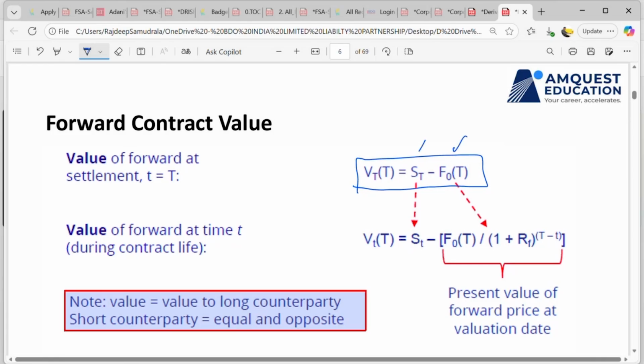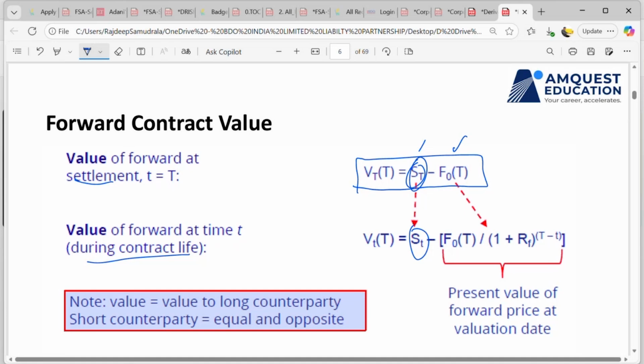Clear? And why is it going to change every time? Because the spot price keeps changing. So at settlement also, the spot price is different. During the contract life, after 1 month, 2 months, 3 months, the spot price keeps changing. So every time the spot changes, the value will keep changing.